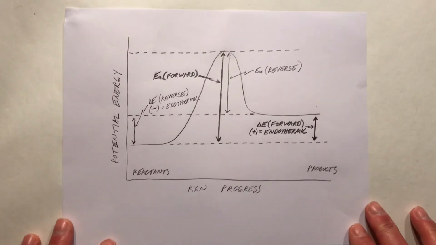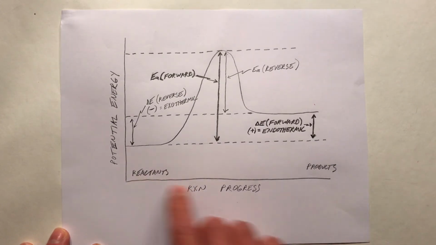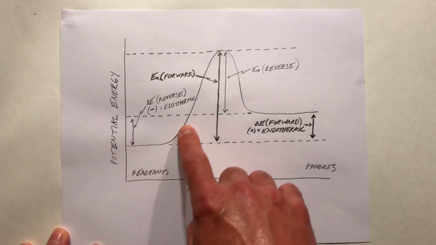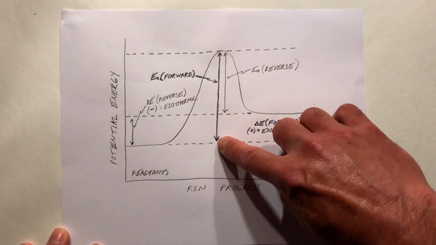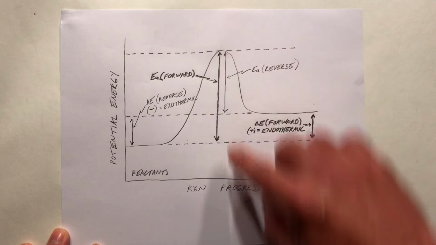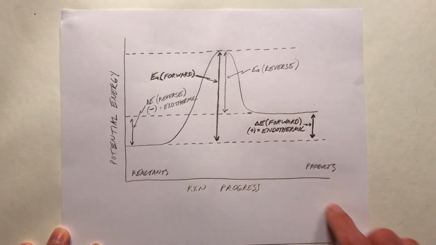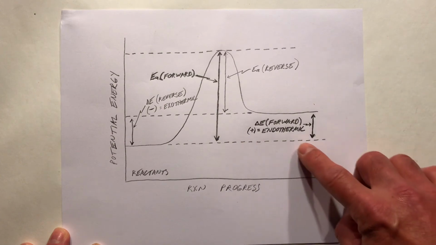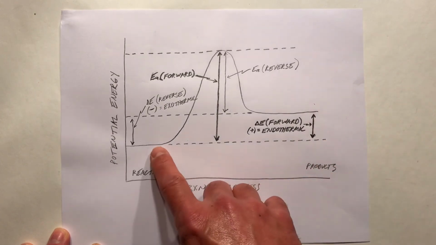So let's take a look at that. Here we have reactants forming products. If we go in this direction, the activation energy of the forward reaction would be that amount of energy. And let's say this is an endothermic reaction moving forward. In other words, we end up with more energy for the products than what we started with for the reactants.